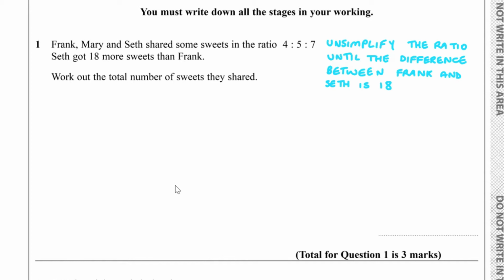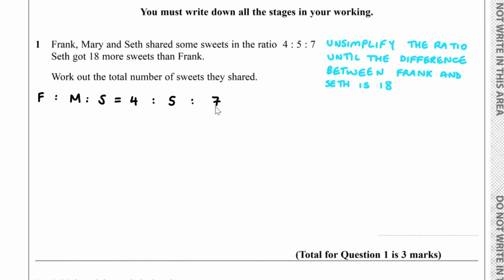Well, what we can do over here is unsimplify the ratio until the difference between Frank and Seth is 18. So currently we've got the ratio F to M to S equaling 4 to 5 to 7.